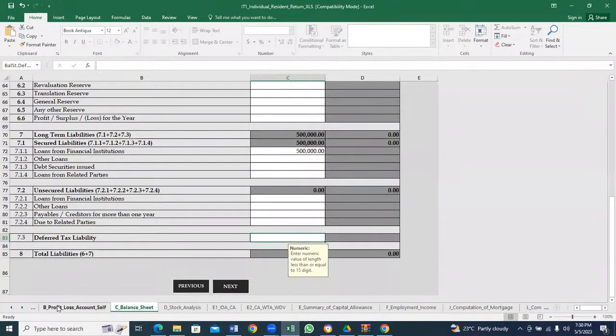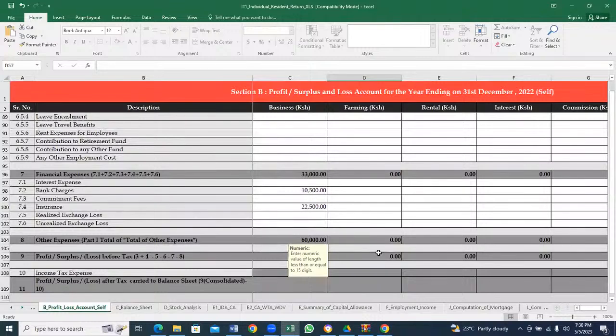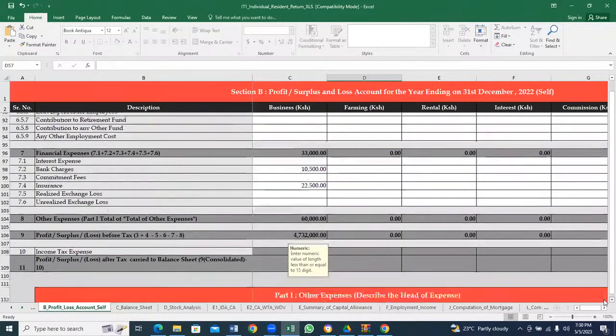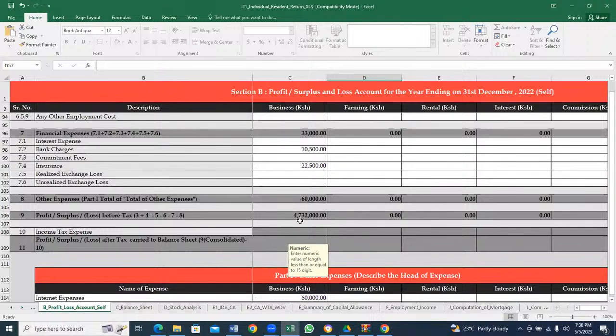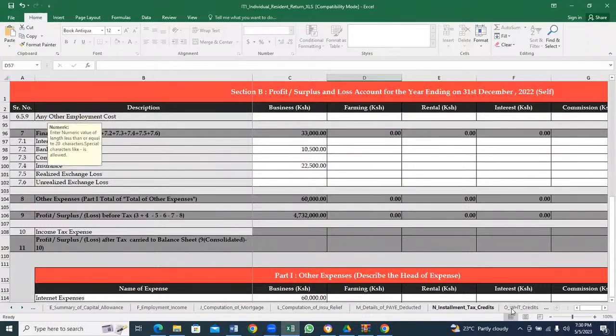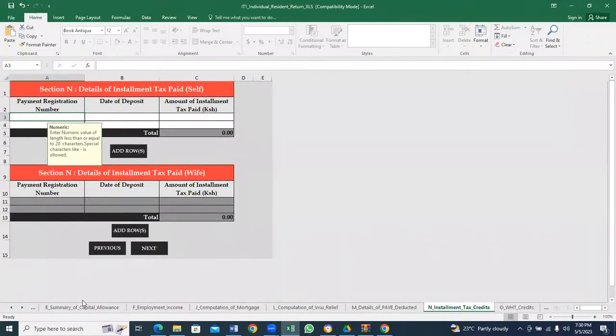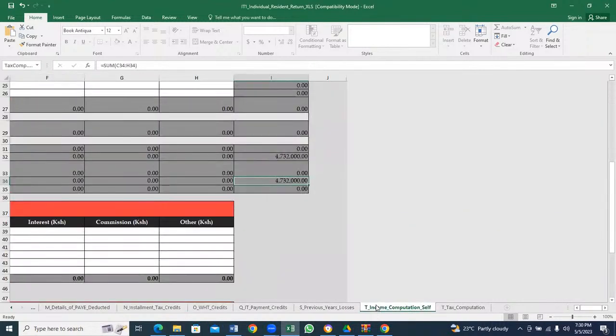Now, the most important thing, I want you to look at this P&L again. Why does the P&L have 4.7? Once you have filled your P&L and your balance sheet, you will come to this sheet, sheet T. Sheet T is income tax computation.